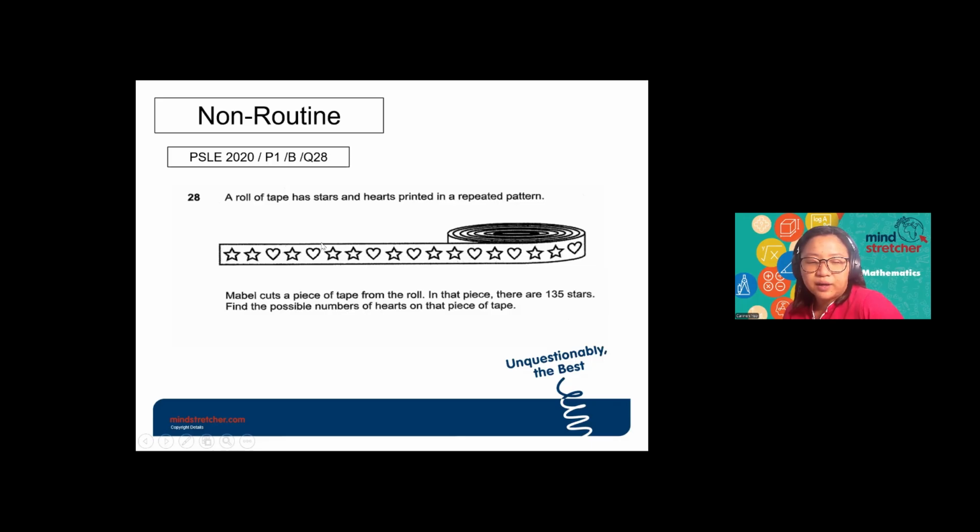They have to look at the picture and decide what the pattern is in one group. They have to decide that it's star, star, heart in one group, and then the pattern repeats again, right? To be able to solve this question.